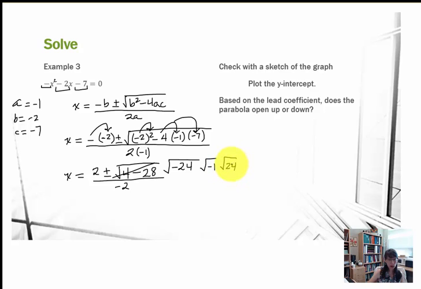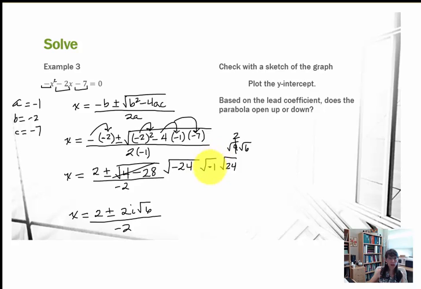And we have used 24 earlier when we worked with our perfect squares. Remember, we came up with square root of 4 and square root of 6. So that made 2 square roots of 6. So when we simplify, x equals 2 plus or minus 2i square roots of 6, all divided by negative 2.